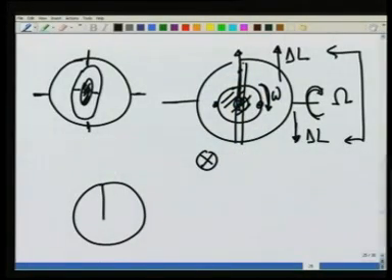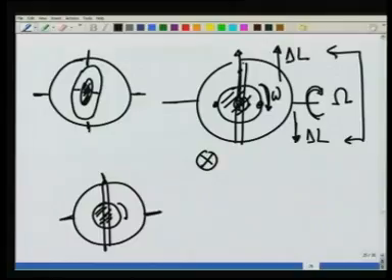Having qualitatively understood this, that is, if we have these frames, this can rotate freely about this, this can rotate freely about this, and this can rotate like this, why does this spin align with the outer spin? Let us try to make it quantitative.